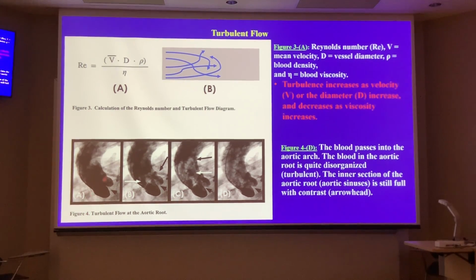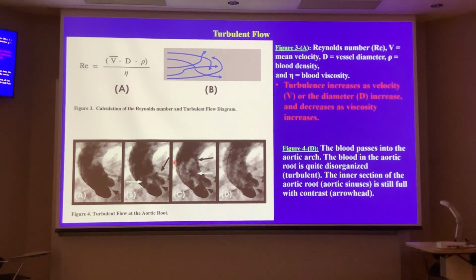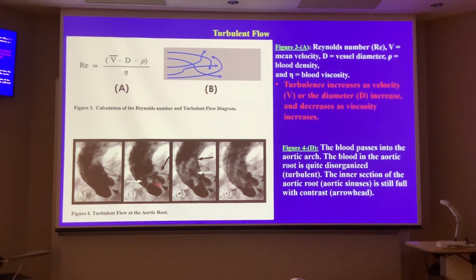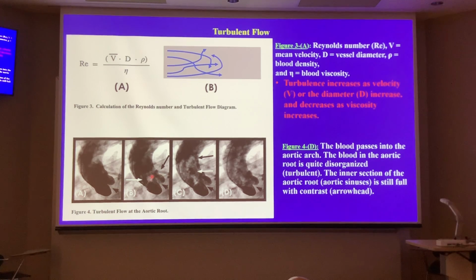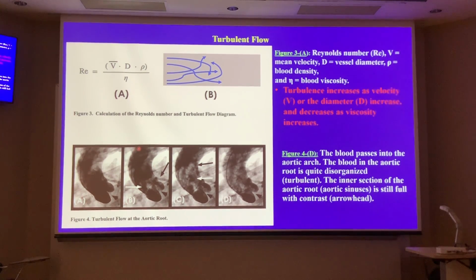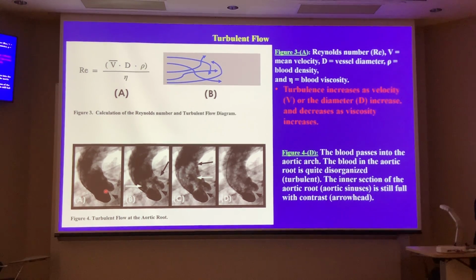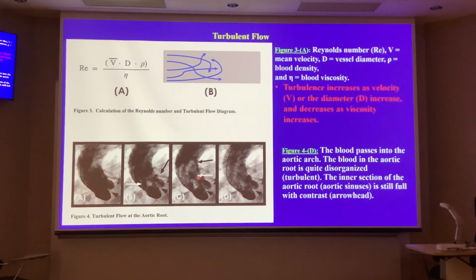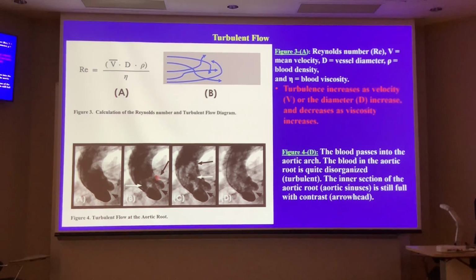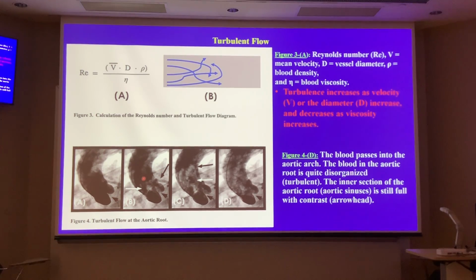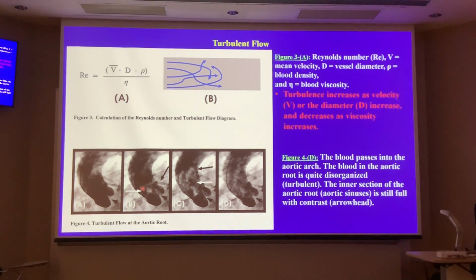For figure 4 here, I have an example. This one is the angiogram of the aorta, this one is the aortic root, and this one is the aortic arch. The contrast is still in black color and the blood in white color, and we have the turbulent flow right here, very clear, the mixture between the black color and the white color.